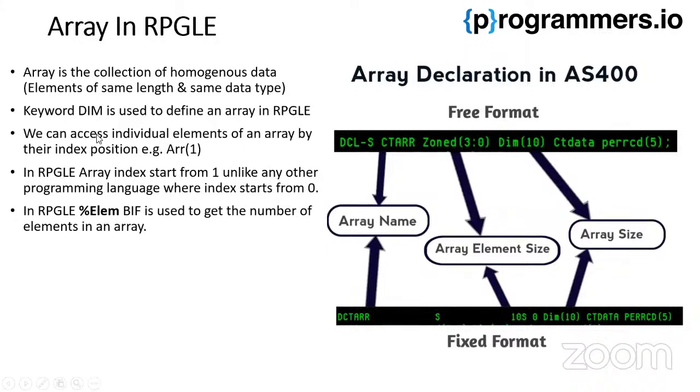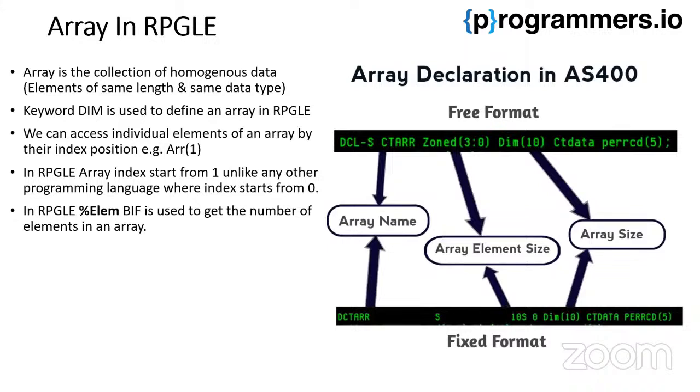To access an individual element of an array, we use its index position. But the catch here is that in RPGLE, the index starts from the first position. Unlike other languages, if you have learned another programming language before, you have seen the array start from position 0.